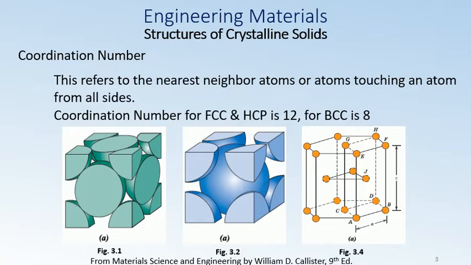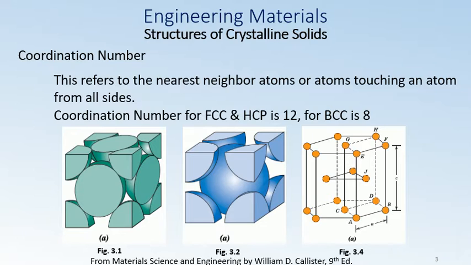We move on to the next term, called coordination number. What is coordination number? Another important characteristic of a crystalline structure is the coordination number, which is the number of near or neighbor atoms touching an atom from all sides, in the 3 dimensions.